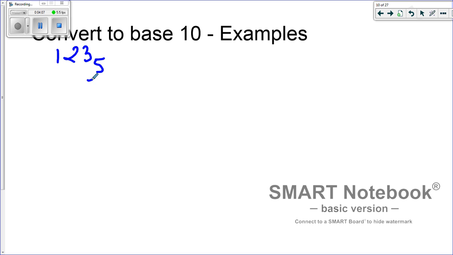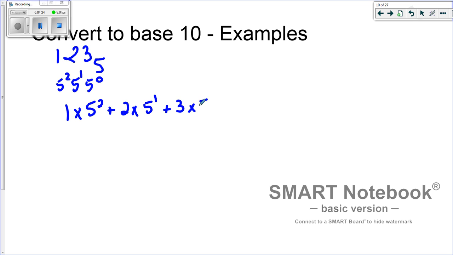So this is going to be the 5 to the 0 column. This is the 5 to the first, and this is the 5 to the second. So that's 1 times 5 to the second plus 2 times 5 to the first plus 3 times 5 to the 0.